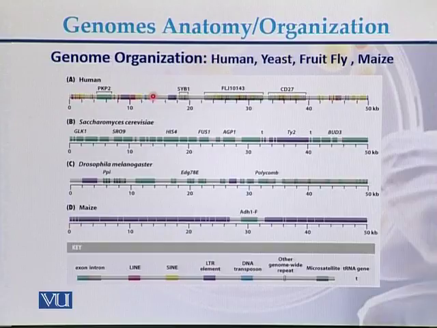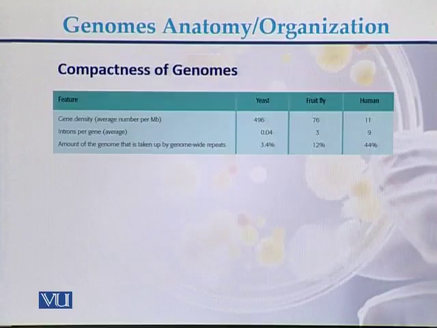Most of it consists of repeated sequences, either in the form of LINEs, SINEs, or LTR regions. And in case of maize, we can see that most of the genome consists of repeated sequences, particularly LTR elements. So these are the LTR elements we can see here. So this is a comparison between 4 different species: human, yeast, fruit fly, and maize.